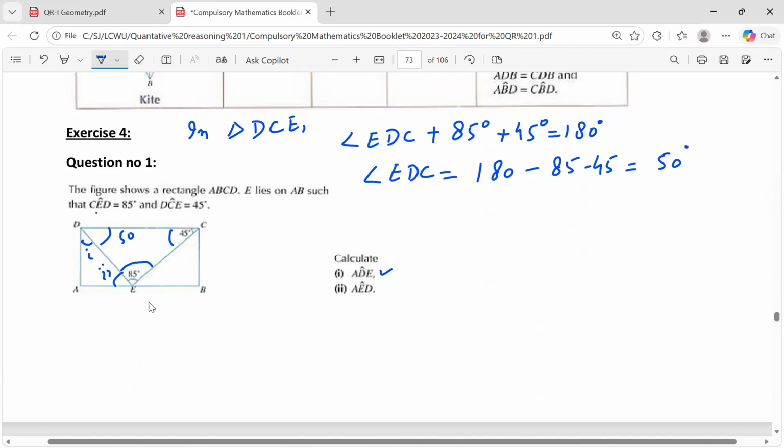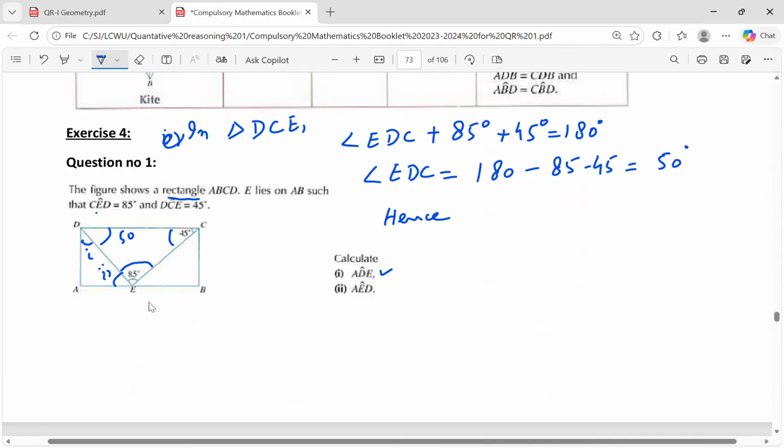Now, since the figure is a rectangle, all the interior angles of the rectangle are right angles. Hence, this is what we are doing for part 1.